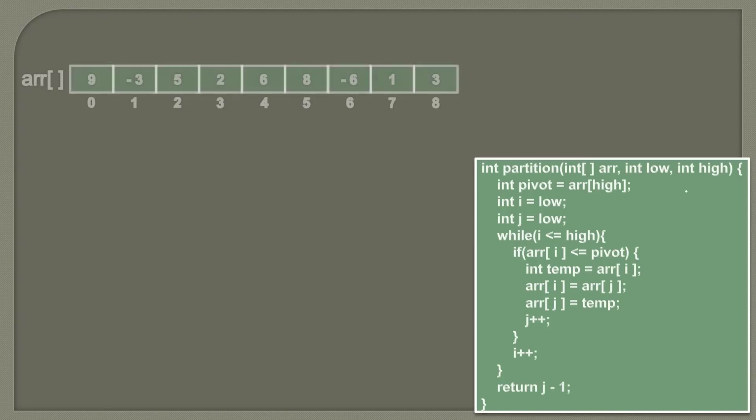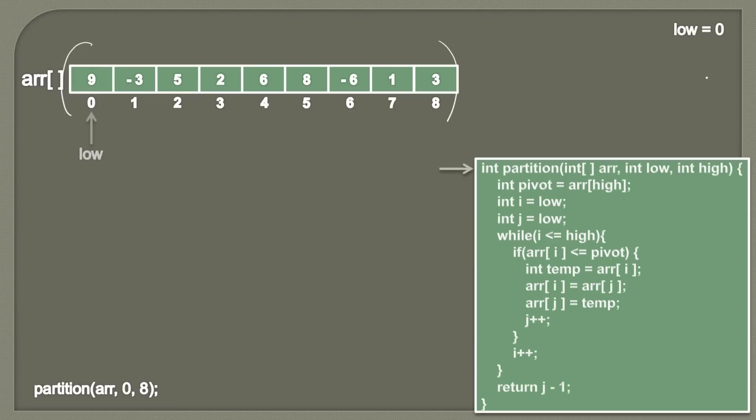So here is the algorithm to partition the array. Let's suppose we are given this array of 9 elements: 9, -3, 5, 2, 6, 8, -6, 1 and 3. When we call partition, we are partitioning the complete array. It takes a low and a high pointer. Low starts from the 0th index and high starts from the last index, because we need to partition the complete array. So low starts from 0 and high starts from 8.